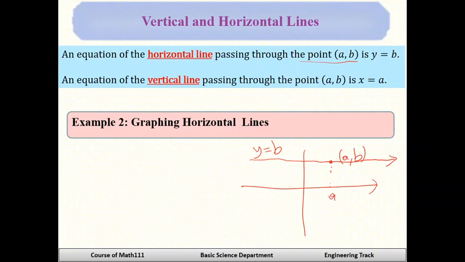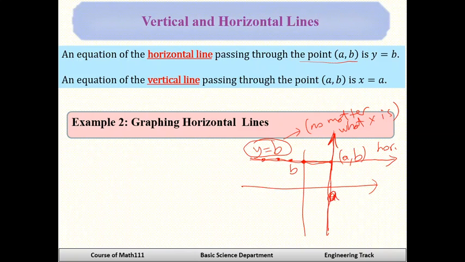This is A, this is B. When you pick any point on the line, the y component will be B. For this reason, we write y equal to B. It means y equals B no matter what x is, so you don't see any x here. And for the vertical line, we said that was the horizontal line, and the vertical line passing through this point is this one here.